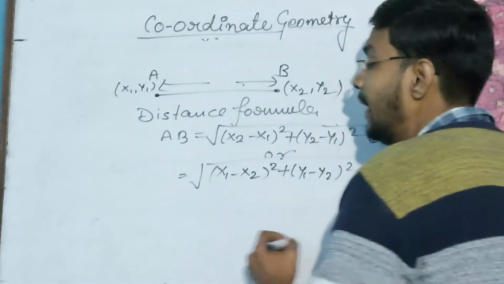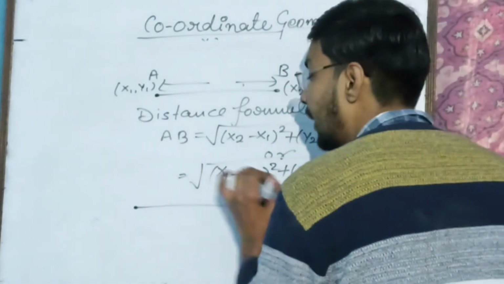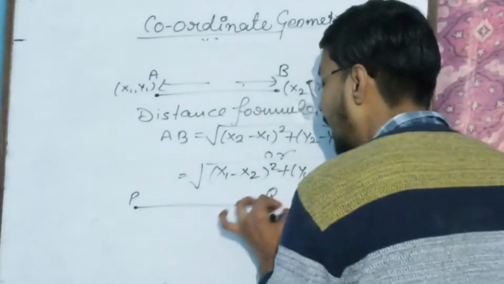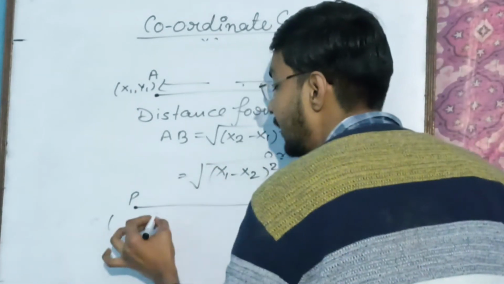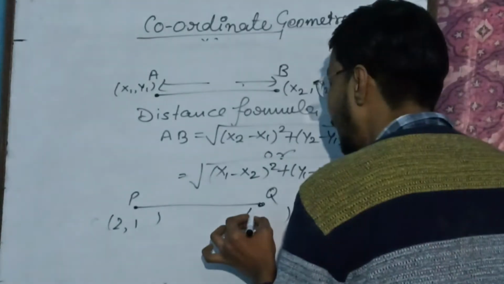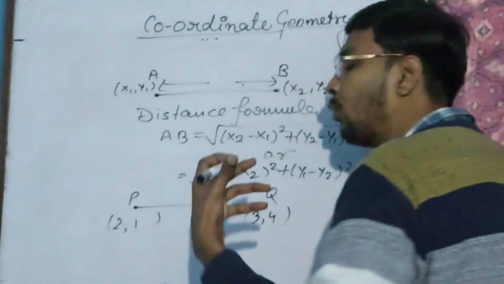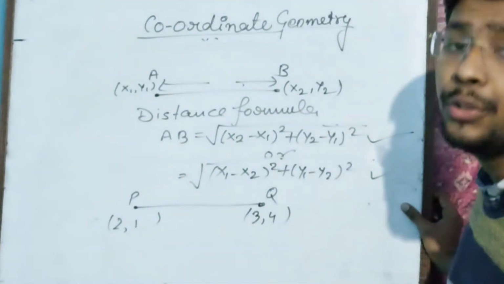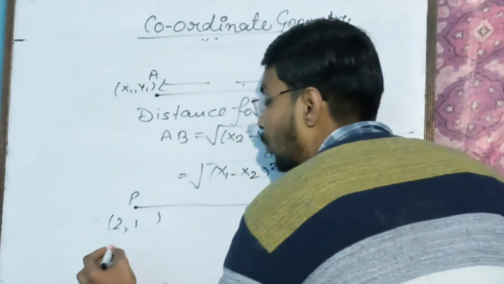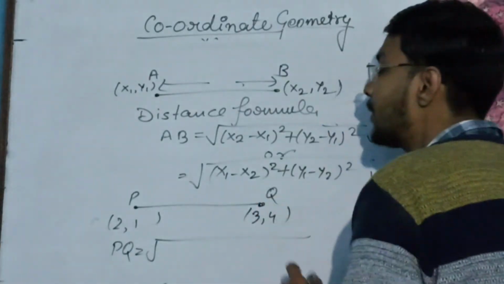Now we will take an example. Suppose I have considered a line PQ with the points P(2, 1) and Q(3, 4). The question is to find the distance between these two points, P and Q. What is the formula I told you?